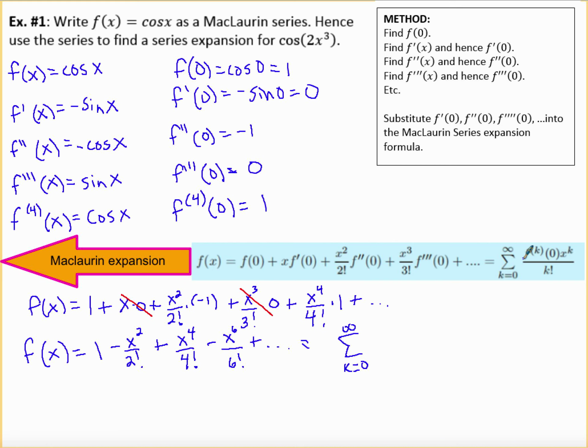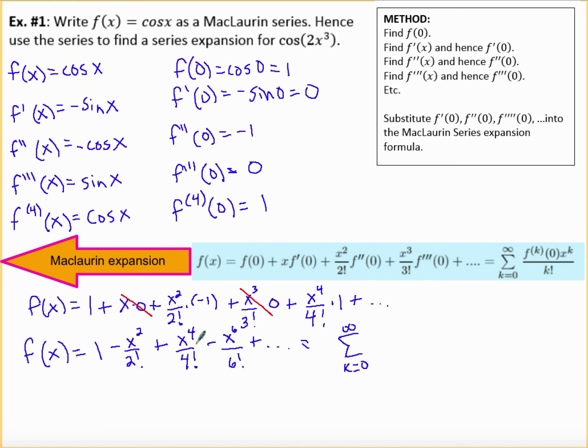Now, f to the k power, it's not really k power, it's telling us the derivative. So the kth derivative of f with respect to 0. So we could write that. Actually, I'm not going to write that. Instead, I'm going to write what I see.